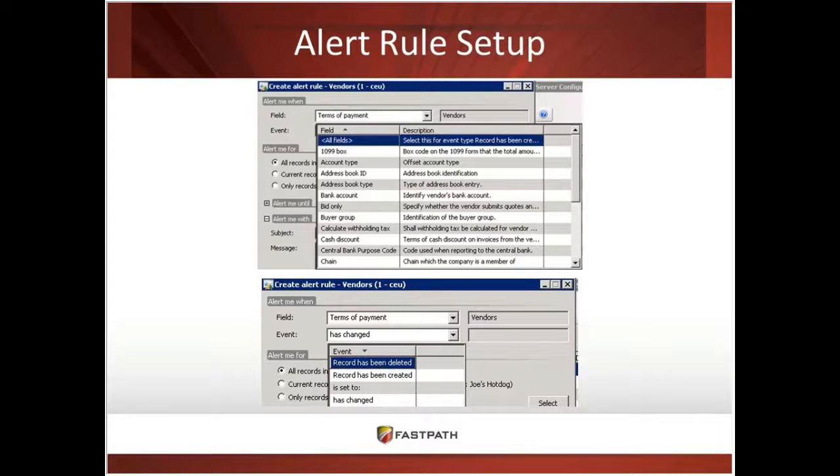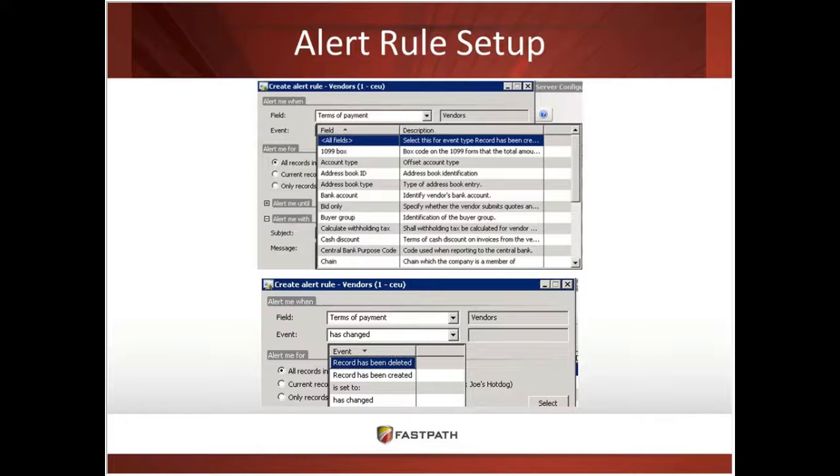This is the setup window of the alerts. And again, I just wanted to show it, similar to the database logs, so you're aware of what it looks like if you've never seen it before. Basically, when you're on a form inside of AX, you can right-click and say Create New Alert. From there, you can set up different types of alerts. So down here at the bottom, you can see it could be when a record is deleted, or when a record has been created.